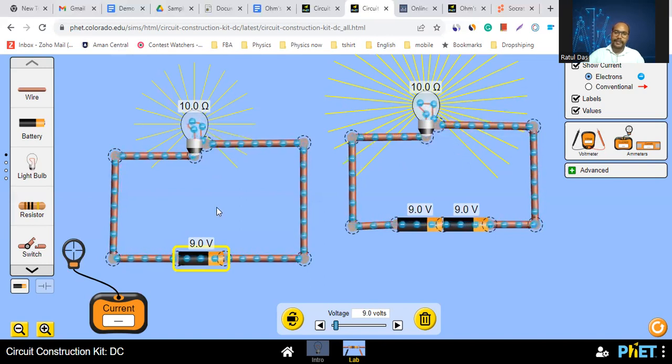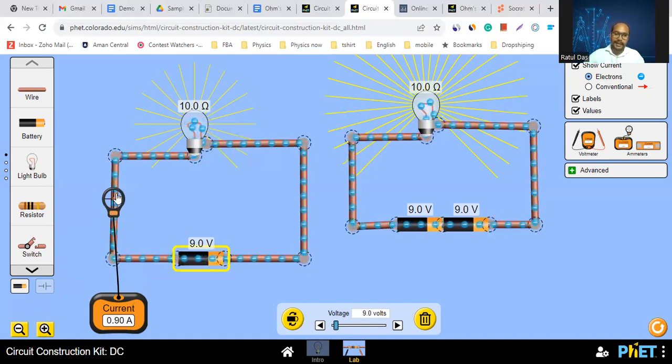So another question: why is the second bulb glowing more? If you check the inside of the circuit, what is happening inside the circuit? Measure the current. See, the current in the first circuit is 0.9 ampere.